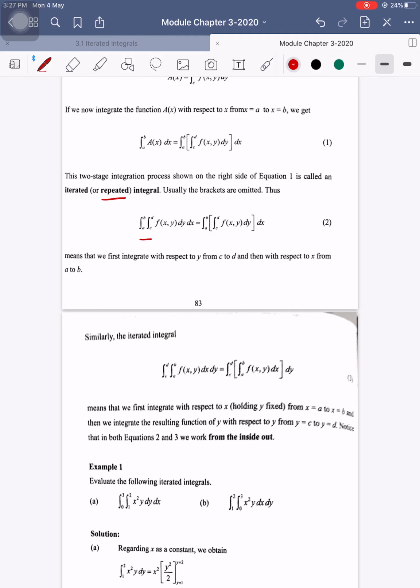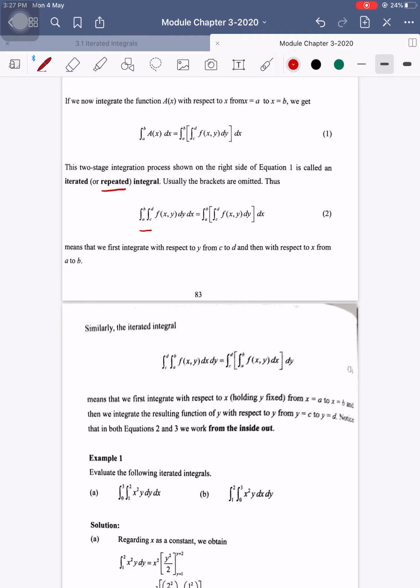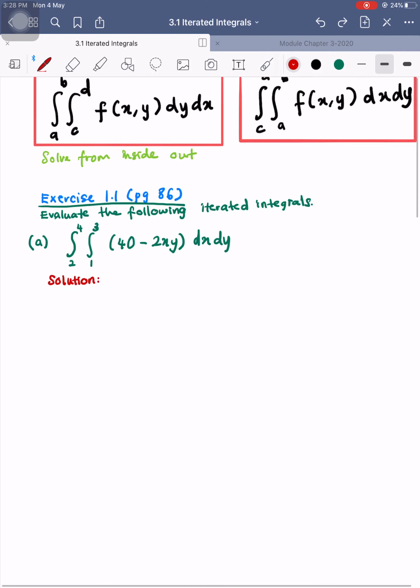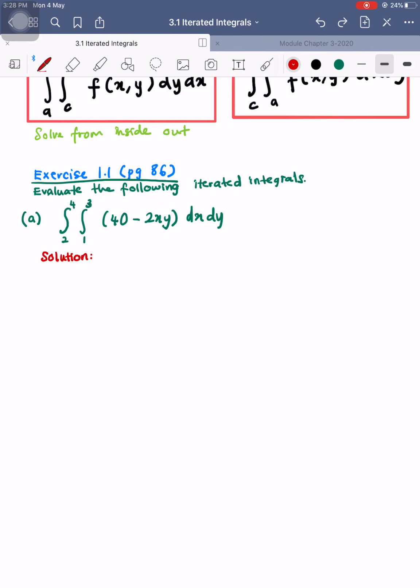We start from inside out, meaning that if you have dx dy, you start with the inside first, dx first, and then integrate with respect to dy. To gain more understanding, I'm going to show you using exercise 1.1, page 86.